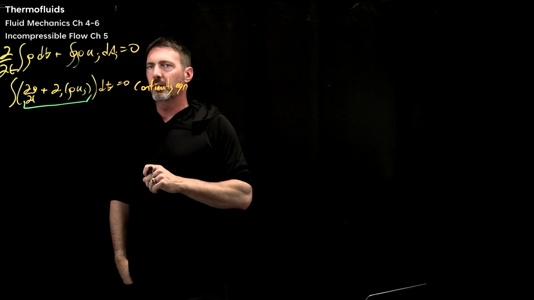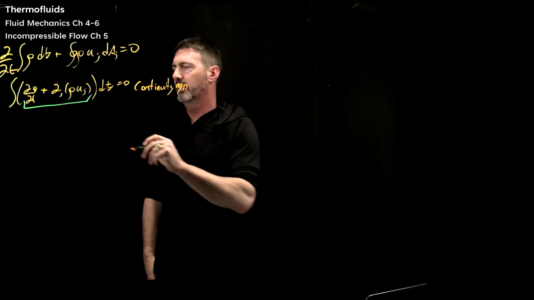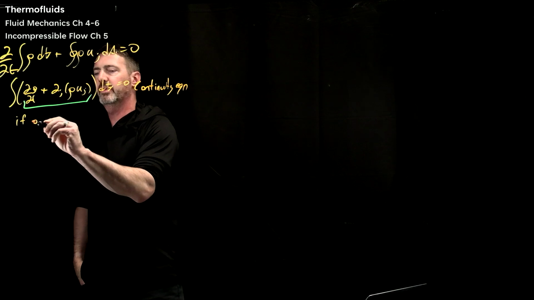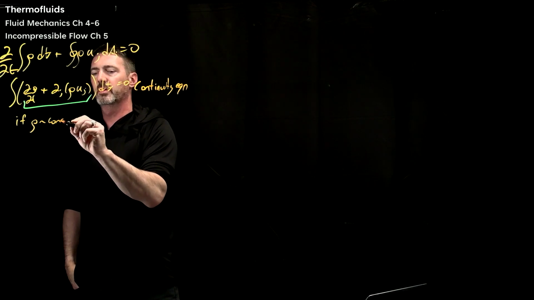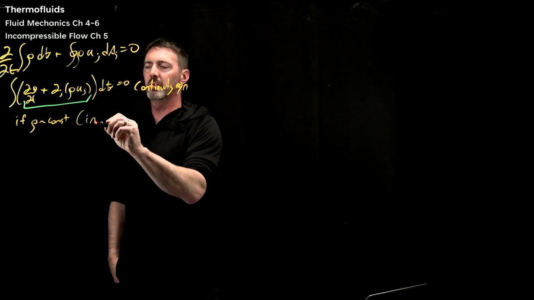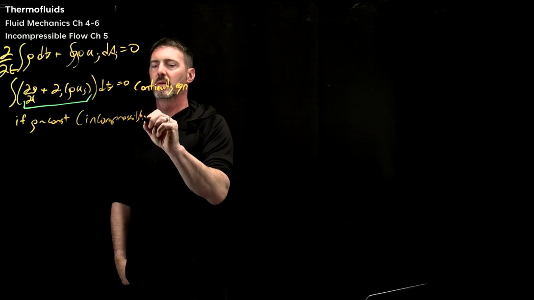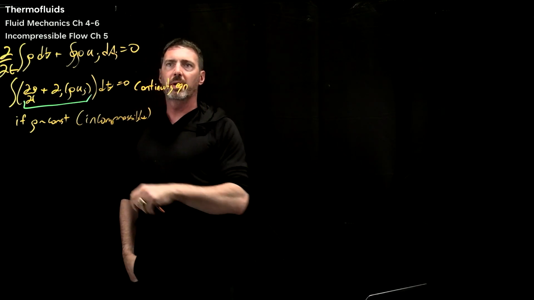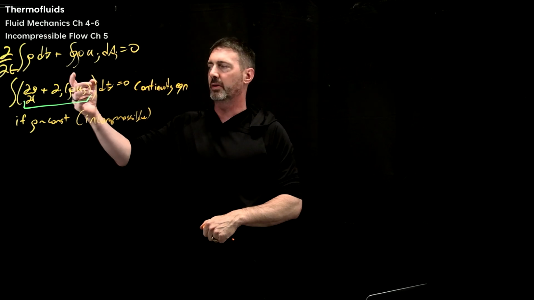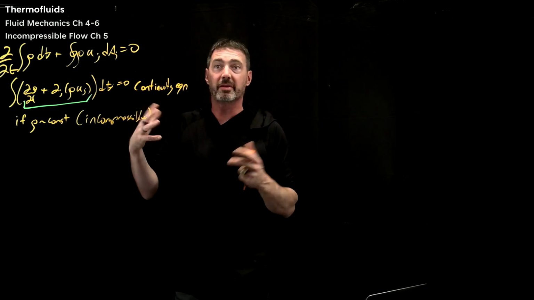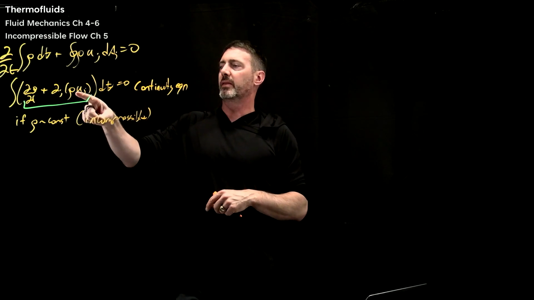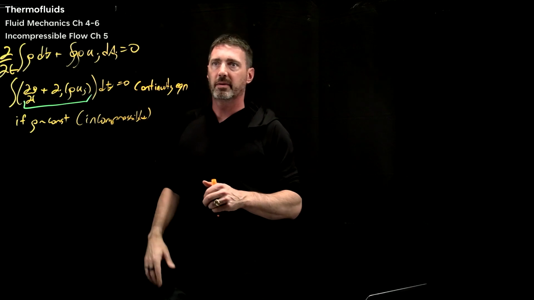And then there can be one more simplification. So if density is constant, so this is incompressible, then honestly the equation would simplify. There is no changing of density with respect to time because it doesn't change, and this density term can pull outside of the derivative.